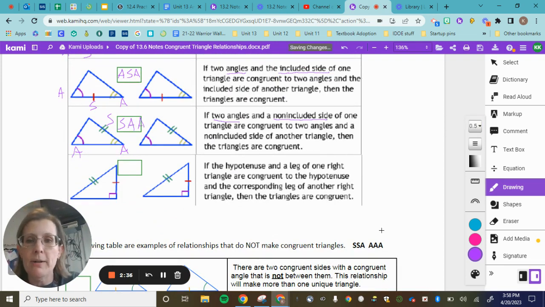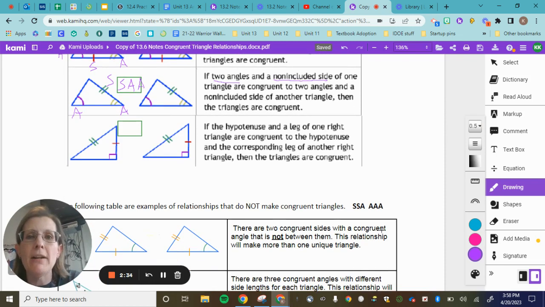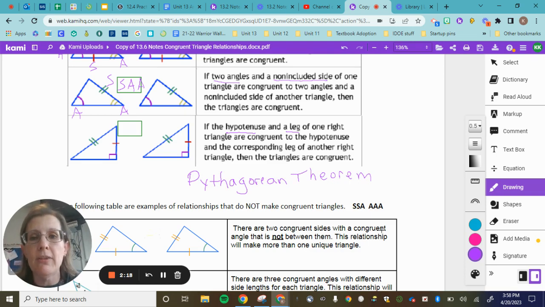And the last one, if the hypotenuse and a leg. Those are some crazy words, but you're going to learn those with the Pythagorean theorem in 8th grade. Pythagorean theorem is a theorem about the sides of a right triangle.